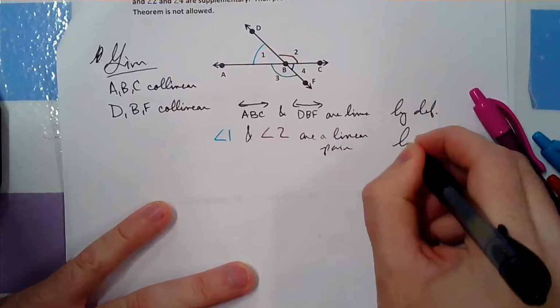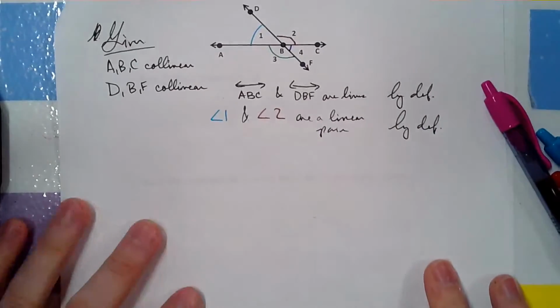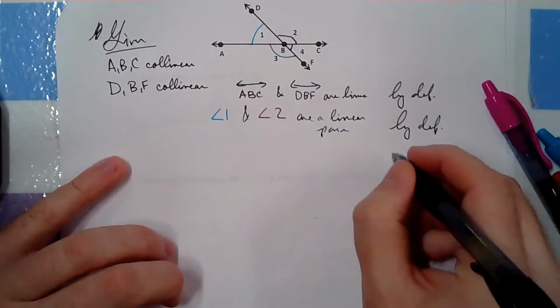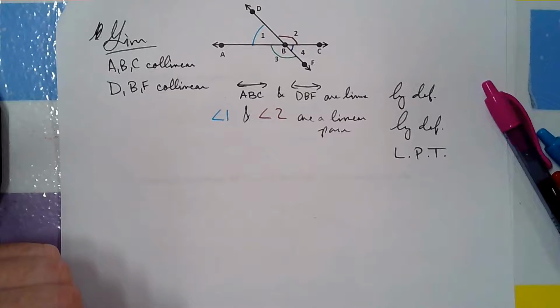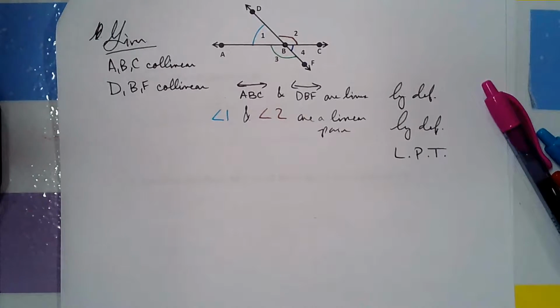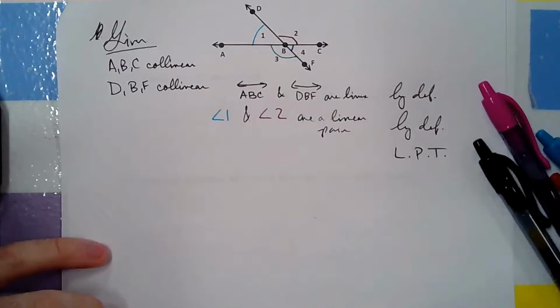And we know that by def. And linear pair theorem, which is what I'm going to use next, says they must be what? They must be supplementary, right? We can't say they add up to 180 yet, right? That's the next step. So we know angle 1, angle 2.